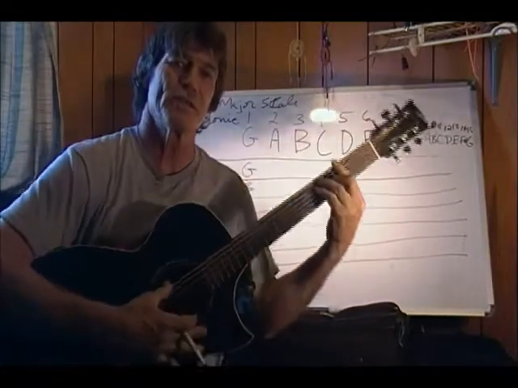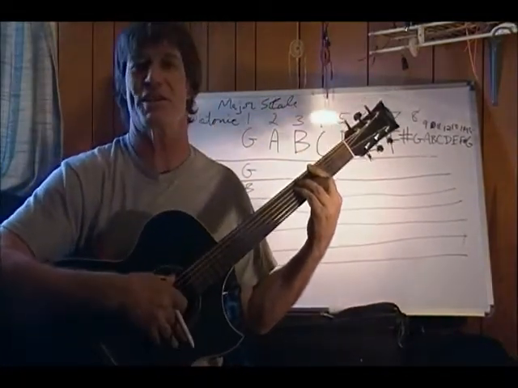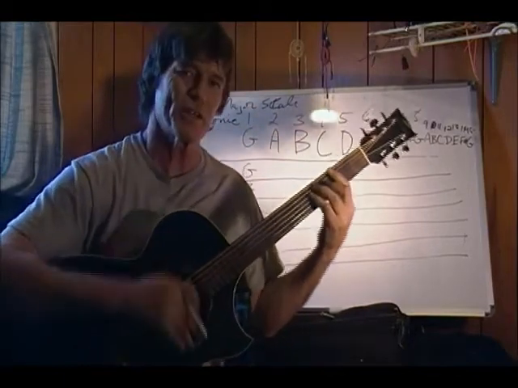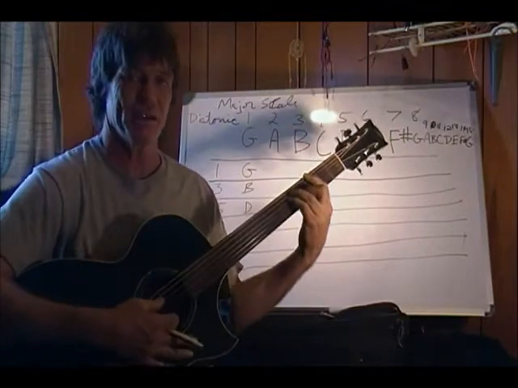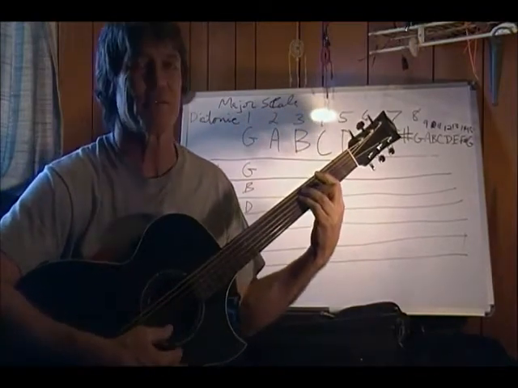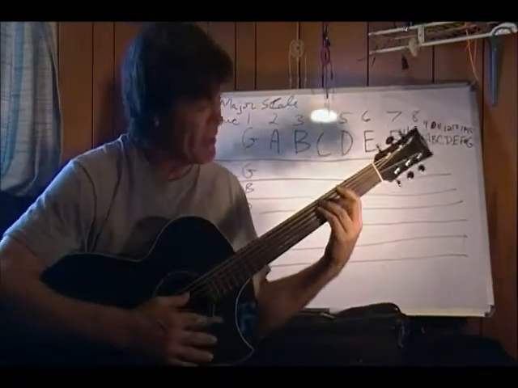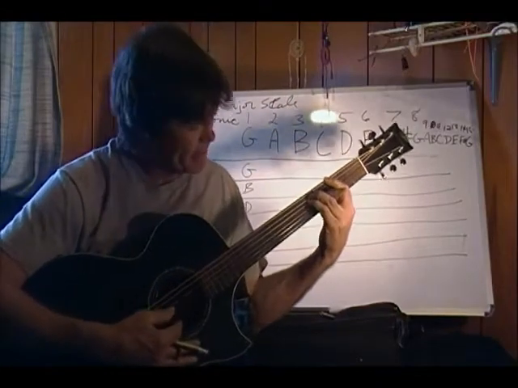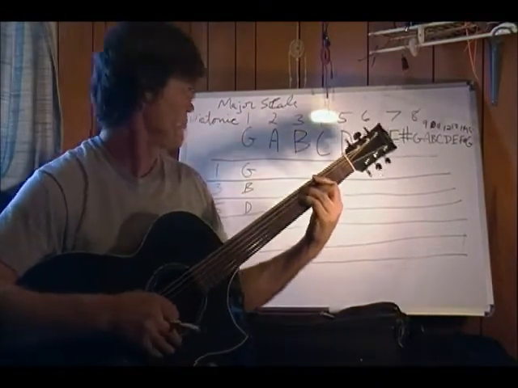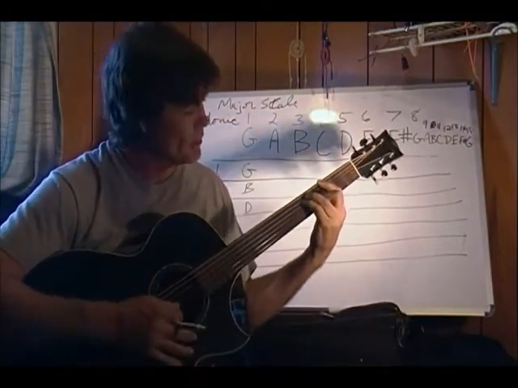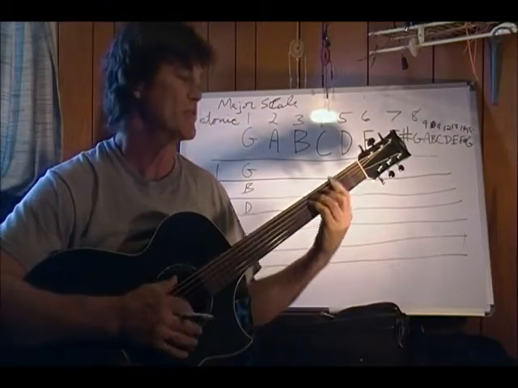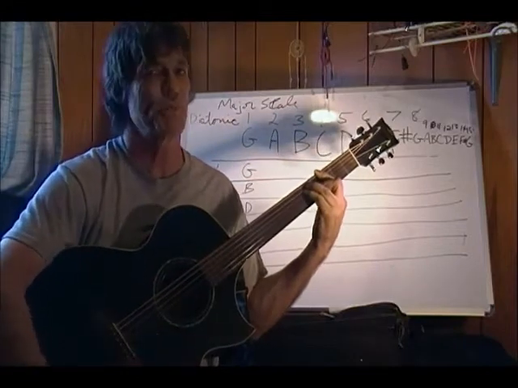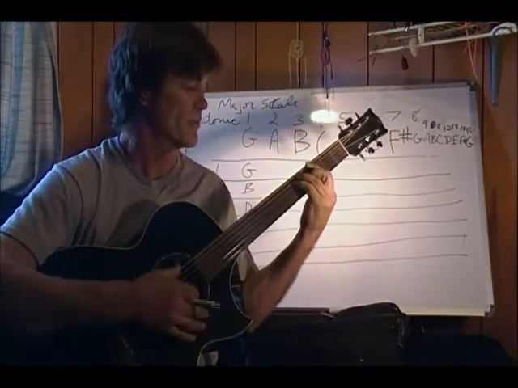So if I look at these, you say, well, there's 6 notes here. But let's look at the notes. You have G, you have D, the fifth, and then you have G again, and then you have a B, the third, and then you have D and G. So these G, B, D repeat each other.